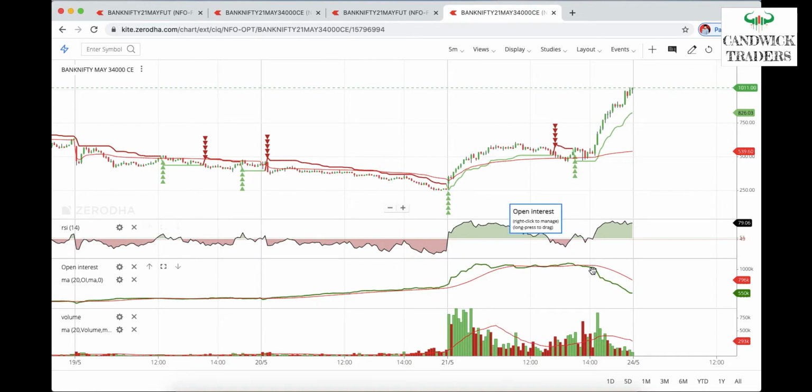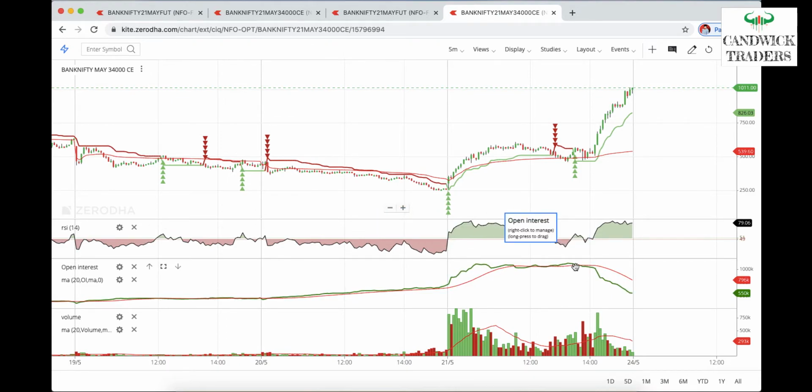So this is the short covering, right? Once the price is going up and the OI is coming down. How do we know that the OI is coming down? Because it is making ups and downs here only.